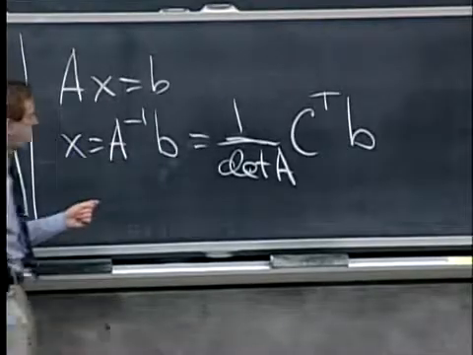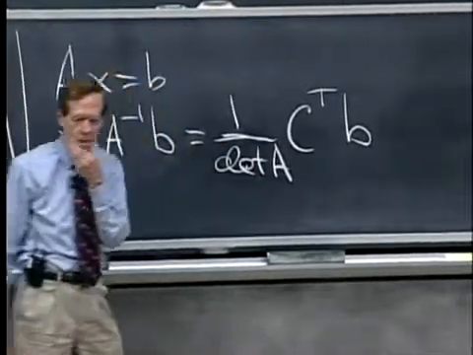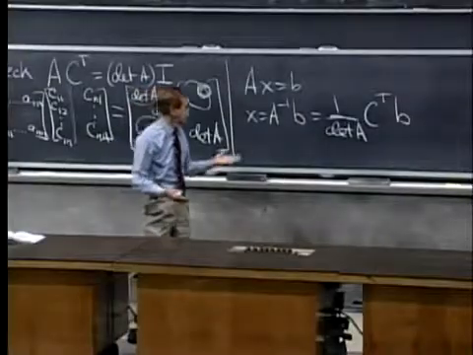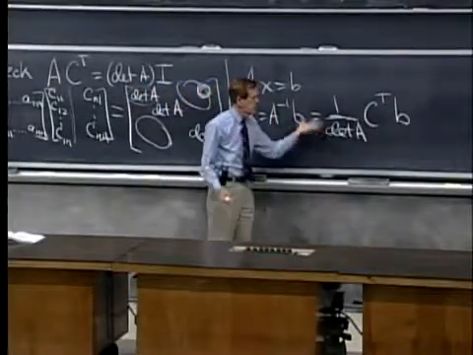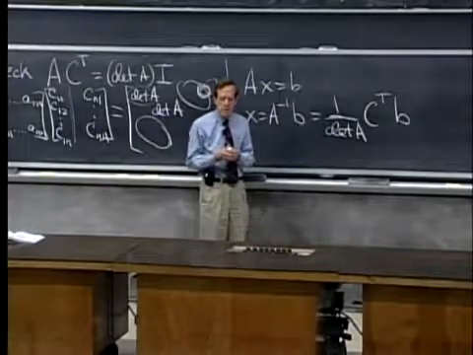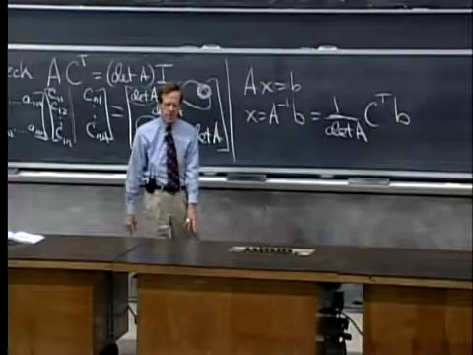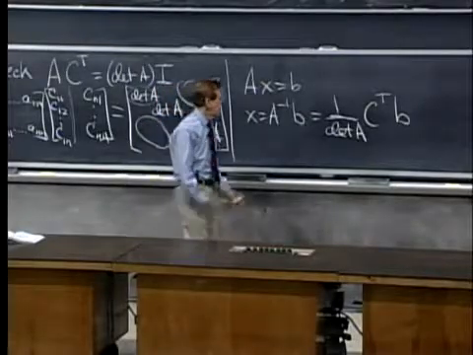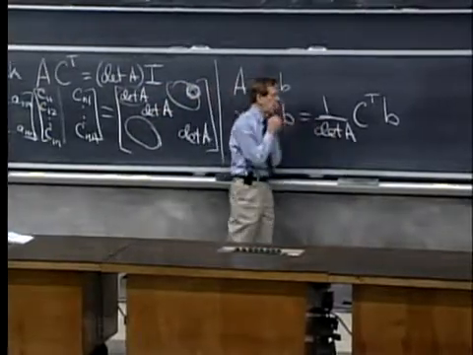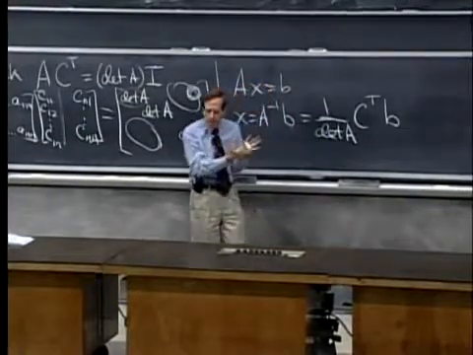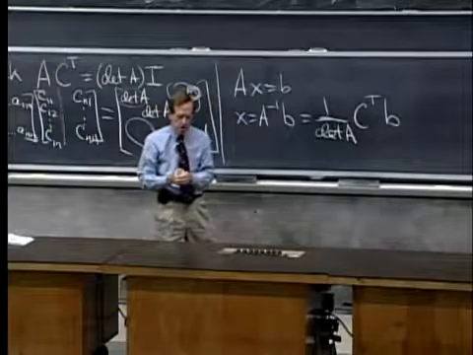Is there any way to make this formula, the one and only answer, the very same answer we got on the first day of the class by elimination, clearer? Now I've got a formula for the answer. Can I play with it further to see what's going on?